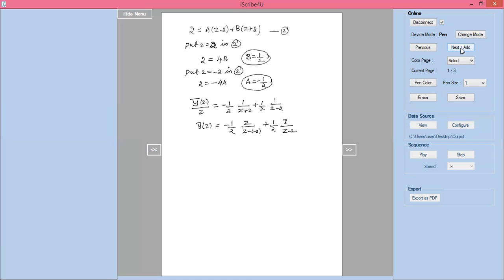That means here z I am multiplying, this side z I am getting. Here what we have to do, we have to apply the z inverse.